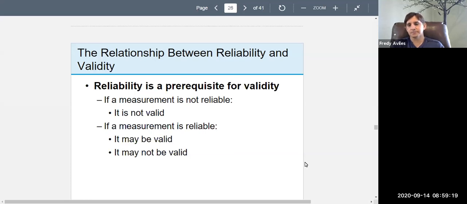The test can be very reliable. You can score nearly the same every time you take the test. But when you look at the test, you see that the questions are all about history. So my test is reliable, but it's not valid. It's not measuring psychology, it's measuring history. So you see how you can have something that's reliable, but still not be valid?